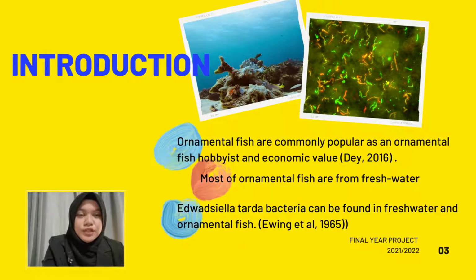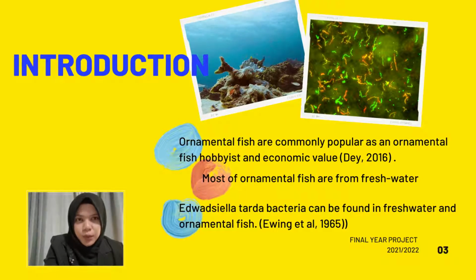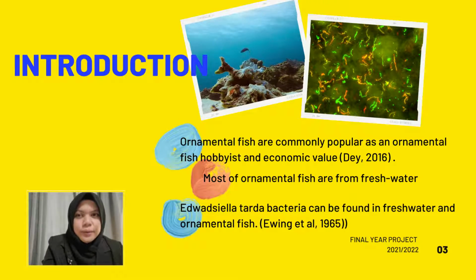Basically, ornamental fish means any species of aquatic animal that is rare or valued for its colorful beauty and exotic characteristics, and this is true. According to Day 2016, ornamental fish are popular among hobbyists and contribute to economic value, resulting in an increase of aquarium fish worldwide trading.